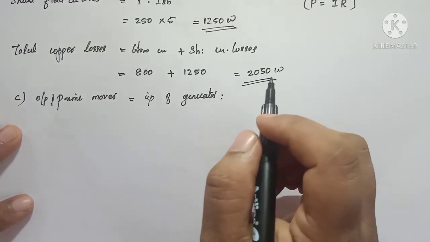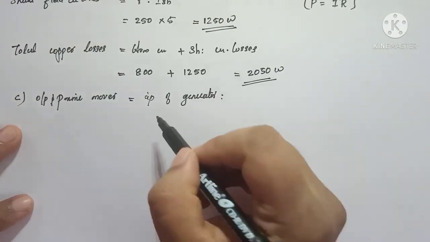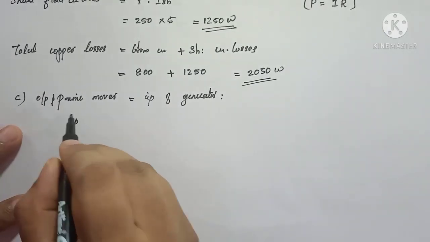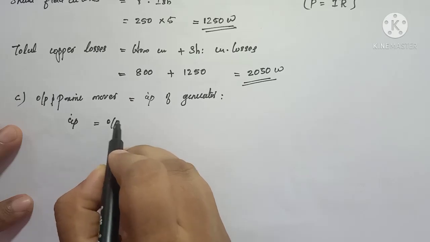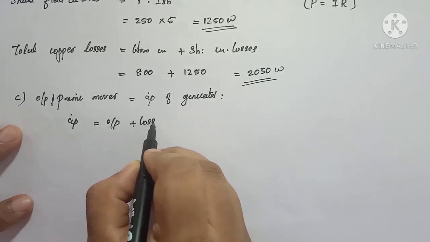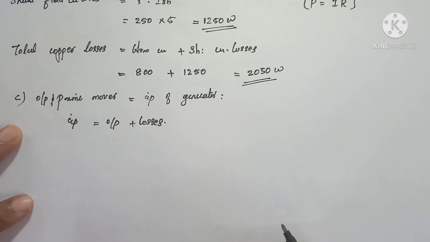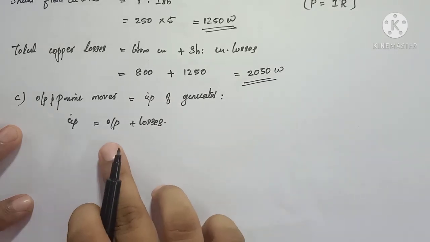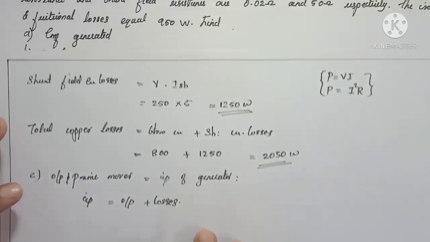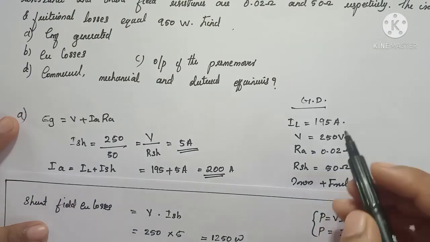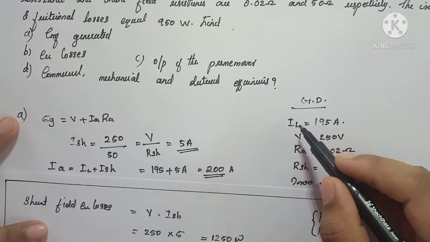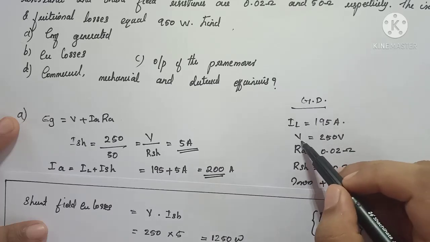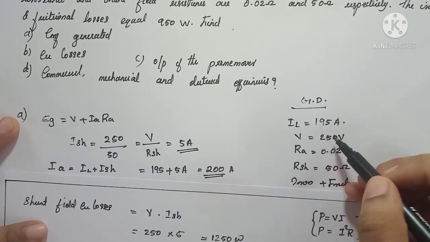We know that input of the generator is nothing but output plus losses. We can calculate output by using load current IL, which is already given as 195, and terminal voltage, which is given as 250.